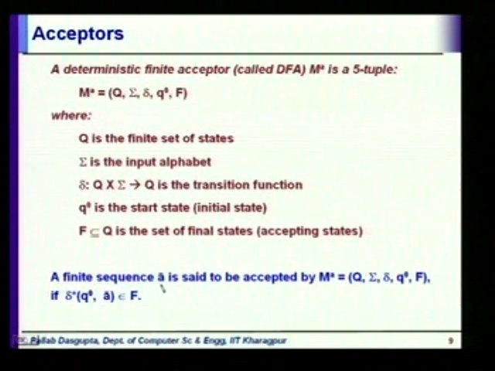A finite sequence is said to be accepted by the machine if delta star of q0 with the input sequence A belongs to F. So, when you apply the input sequence A, the state that you reach at the end of it belongs to the accepting set.